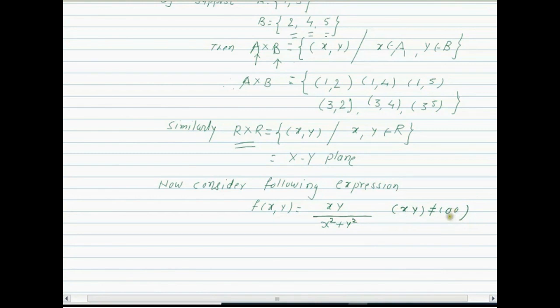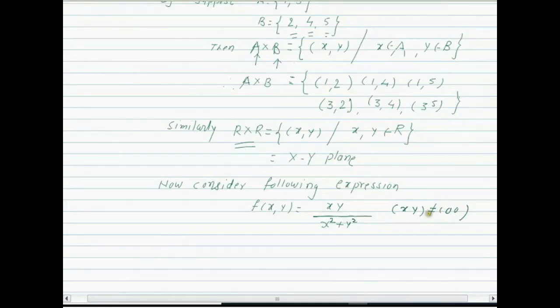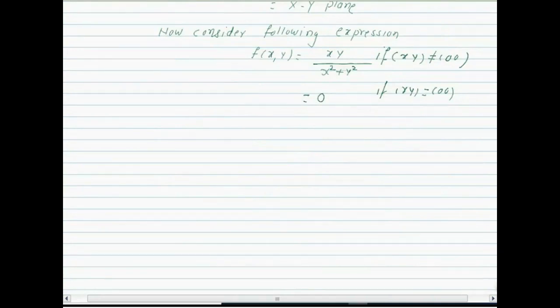Which point? Origin. This point is the origin. Except the origin, it is x into y upon x square plus y square, and at the origin, its value is 0.